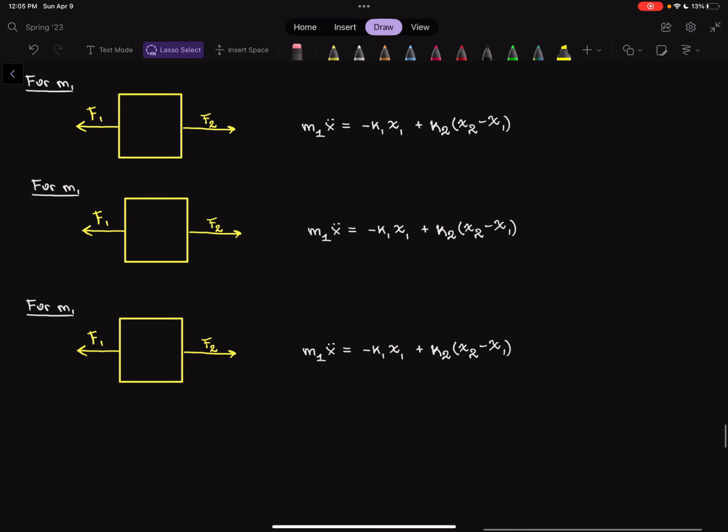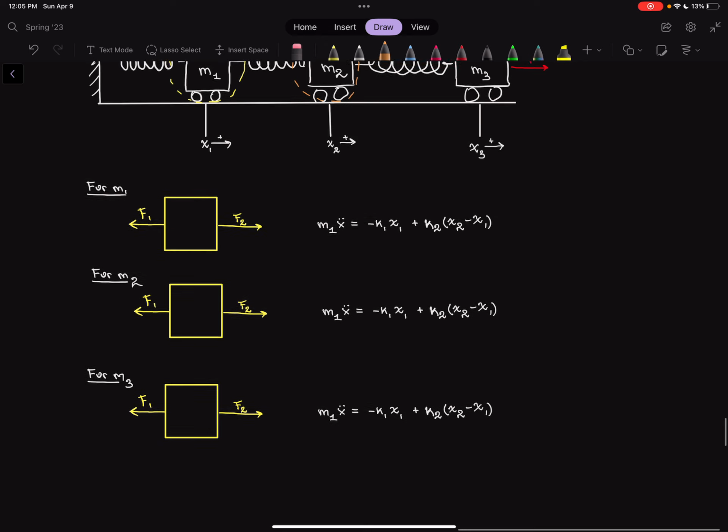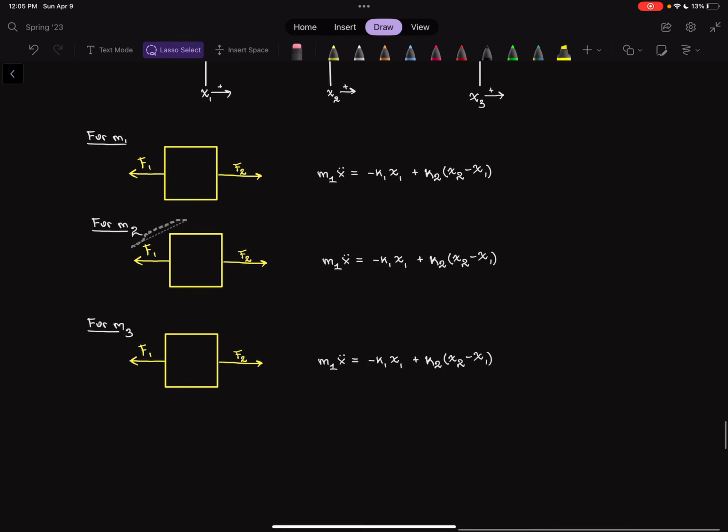Okay, so now we're going to say that this is M2 and this is M3. Let me make this orange. And this is going to be F2 and F3. This was M1. This is M2.